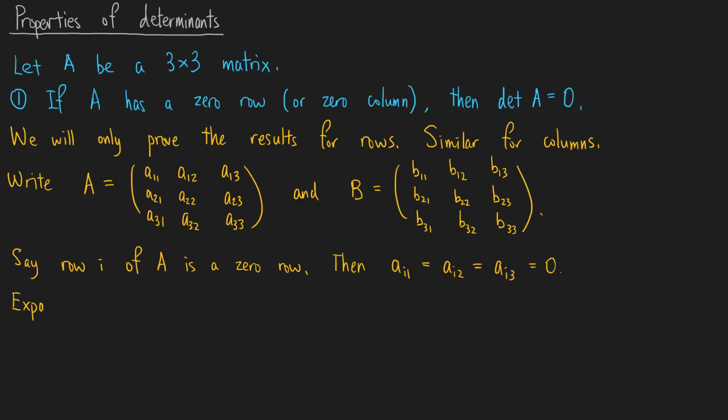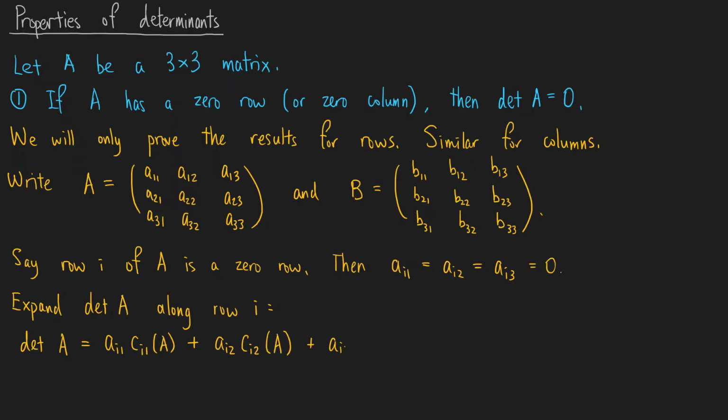We can expand the determinant of A along row i, and we get Ai1 times Ci1 plus Ai2 times Ci2 plus Ai3 times Ci3, which is equal to 0 times Ci1 plus 0 times Ci2 plus 0 times Ci3. So indeed, the determinant is 0.